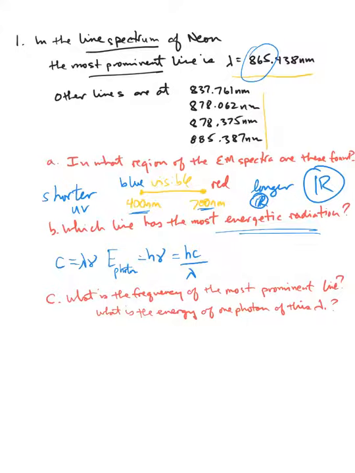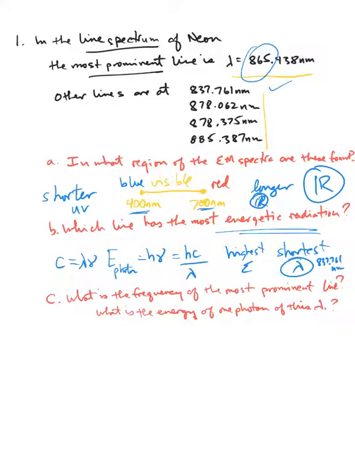So that means that the highest energy has the shortest wavelength. And so for that one, the 837.761 nanometers is the one with the shortest wavelength.